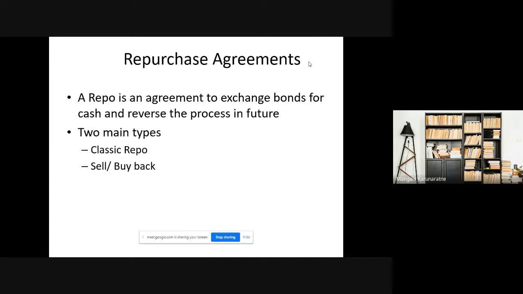So to avoid any ambiguity and complexity, we usually use bonds, because the institutions engaged in repo transactions have huge bond portfolios. Basically, most of the institutions are concentrated on bonds rather than bills, right?